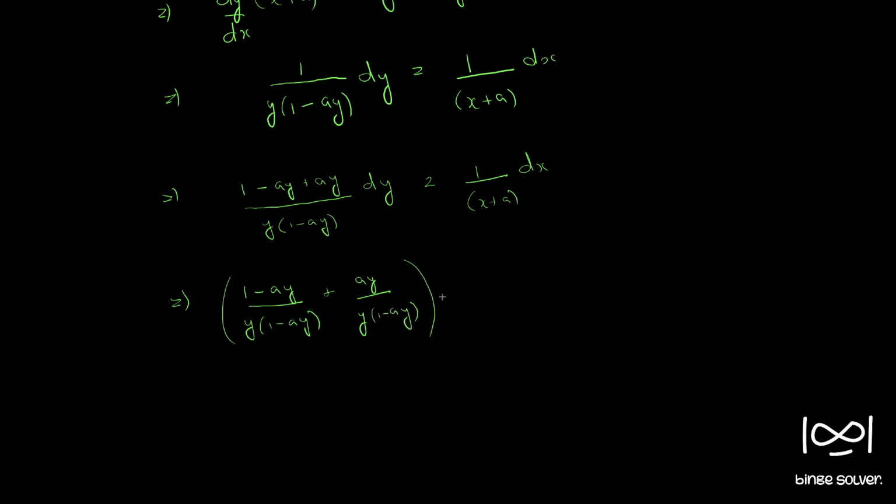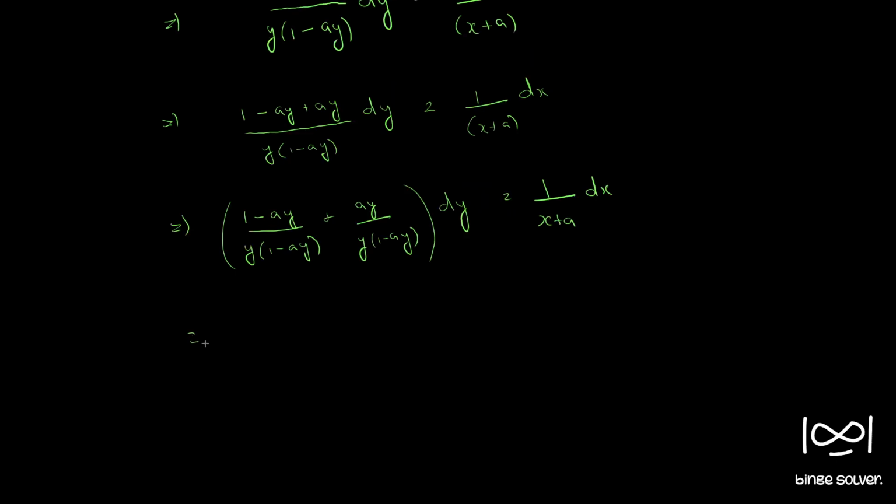If we split, and if we integrate, it becomes 1 by y dy plus, y gets cancelled, a into the integral of 1 by 1 minus ay dy is equal to the integral of 1 by x plus a dx plus c.